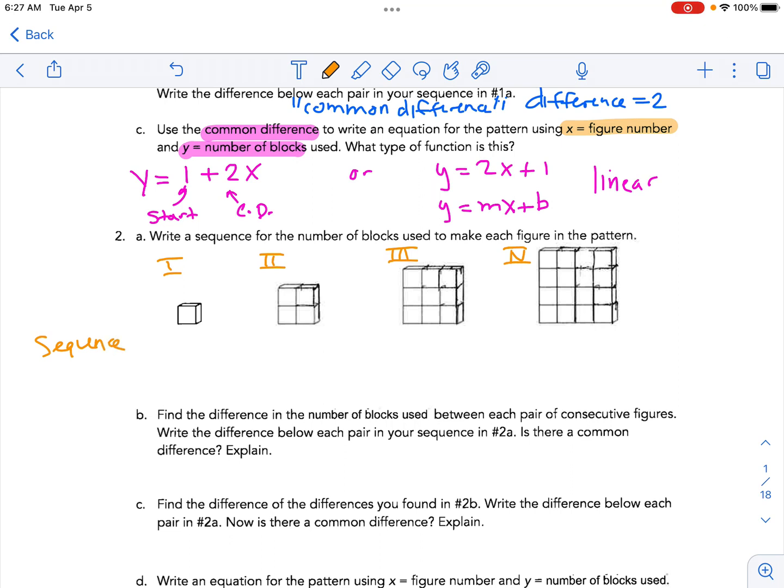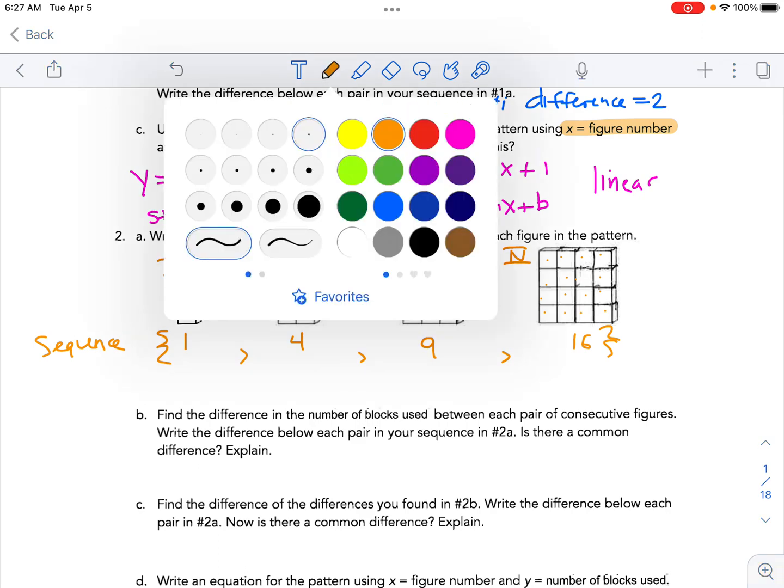The sequence here is that we have 1 block here, 4 blocks here, 9 blocks here, and 16 blocks there. So our sequence is 1, 4, 9, 16, and we want to know what function that pattern represents.